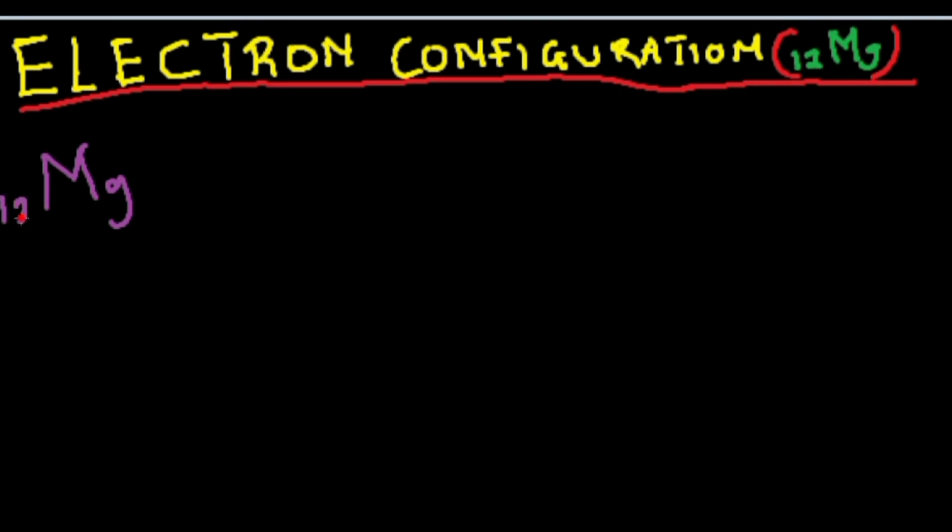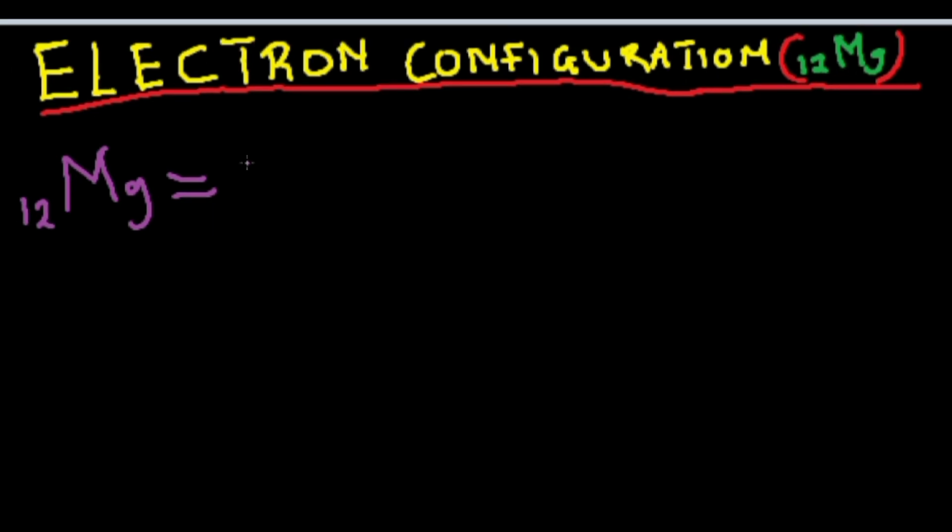The electrons are 12. As I said, always make sure you know the number of electrons that you are going to distribute in the various atomic orbitals of that given atom. And we've learned that the number of protons is the same as the number of electrons only in a neutral atom.